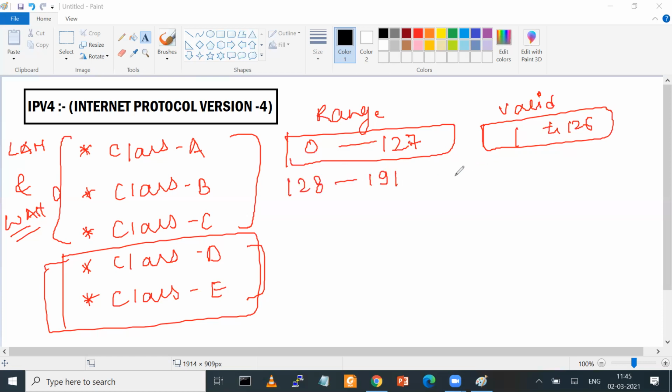The valid range is 128.0.0.1 to 191.255.255.254. This is the valid range of class B. Class C range is 192 to 223.